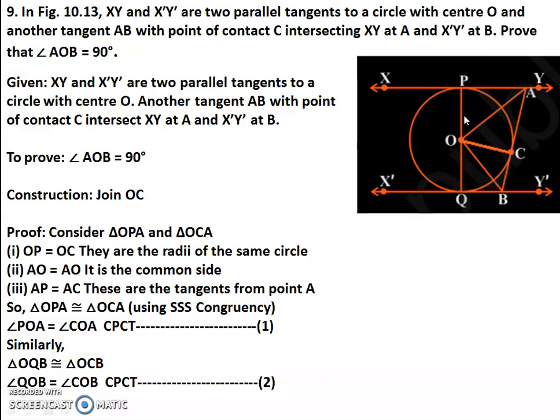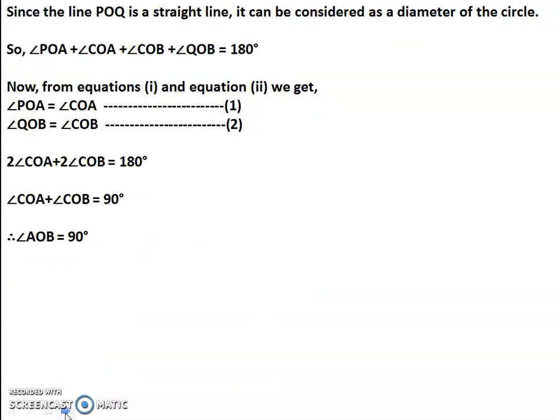You know, the sum of all the angles on a straight line is 180 degree. Using that property, we can say that angle POA plus angle COA plus angle COB plus angle QOB equal to 180 degree.